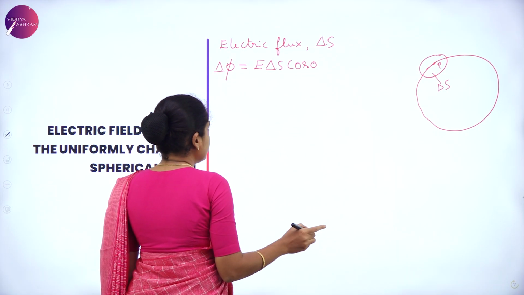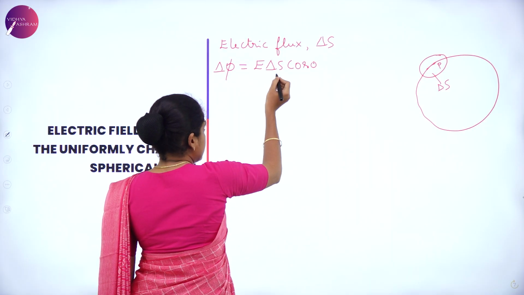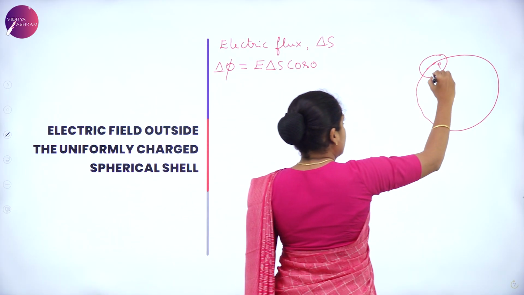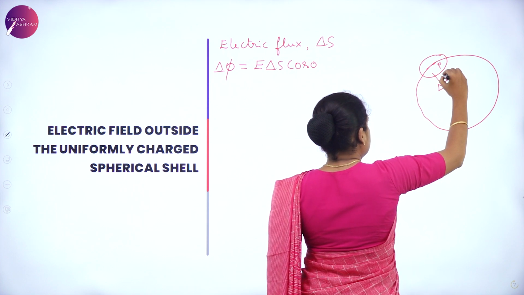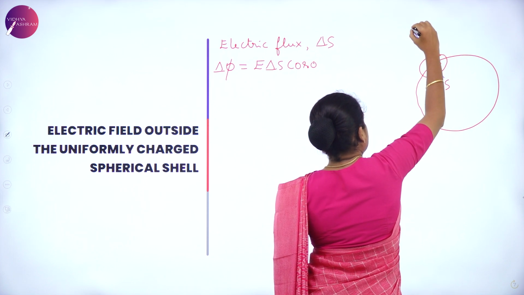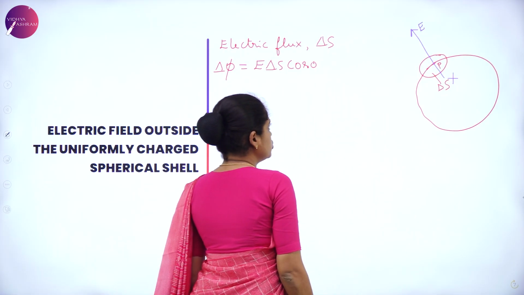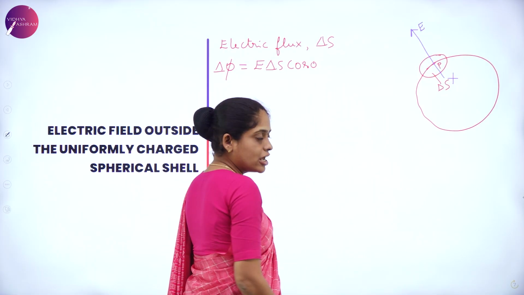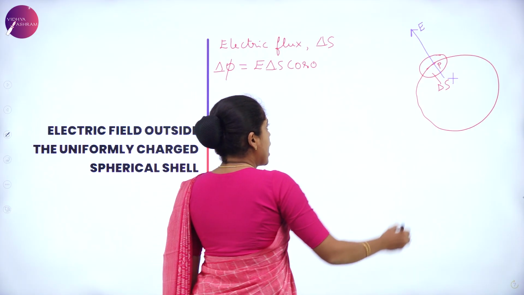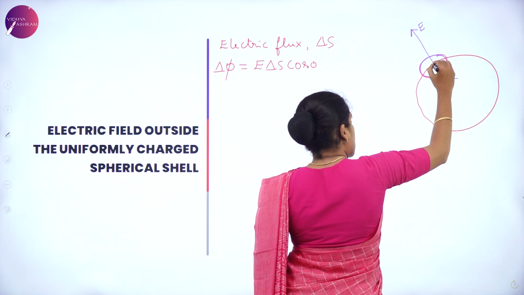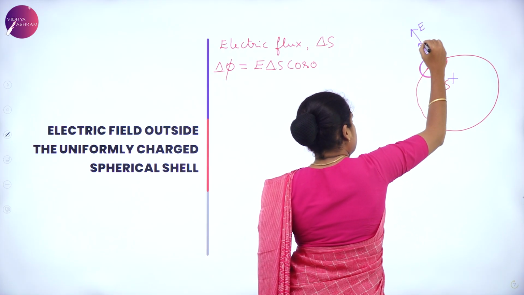We need to find the angle between E and delta S to get delta phi. For that, let us know the direction. Let me represent the direction of the electric field due to this positively charged spherical shell, and the direction of the small area, which is outward and perpendicular.